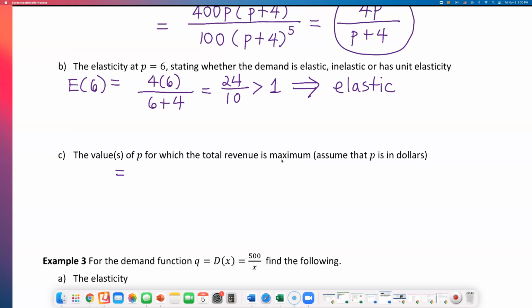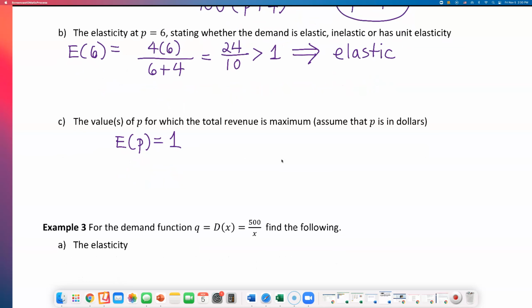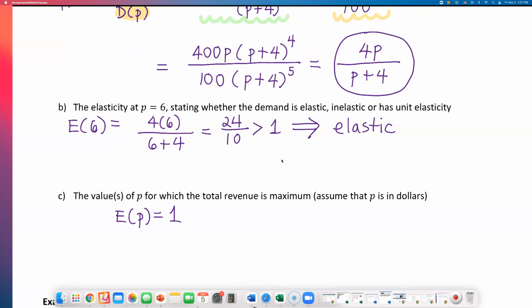You'd find this by setting E of X, or E of P in this case, equal to 1. When elasticity is equal to 1, the total revenue is maximized. So I need to set that function equal to 1. So I say 1 equals 4p divided by p plus 4.